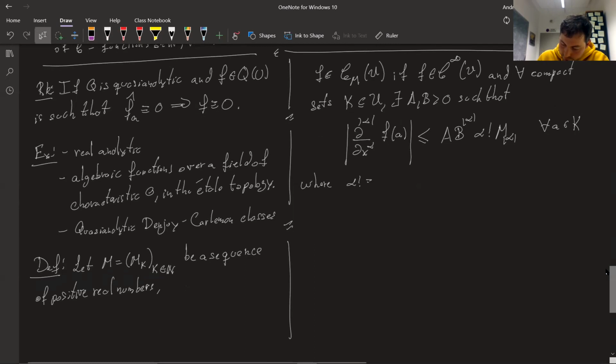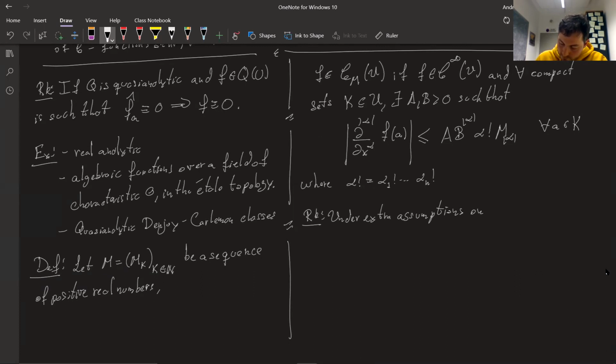Yes, sorry, this is the product. Okay. And the remark here is that, without entering in detail, under extra assumptions on the sequence M, C_M, which we might write just K, is a quasi-analytic class.